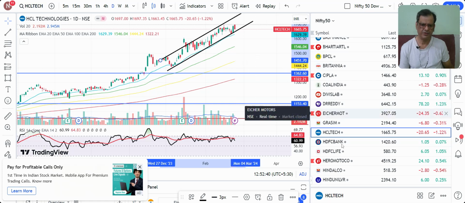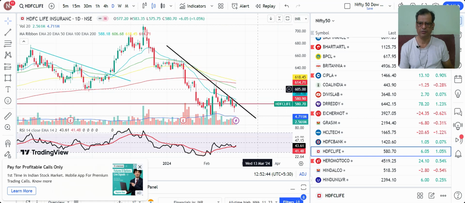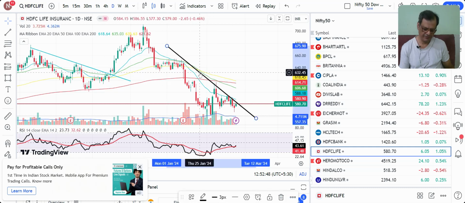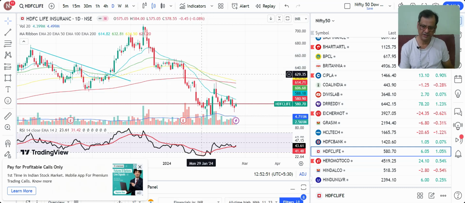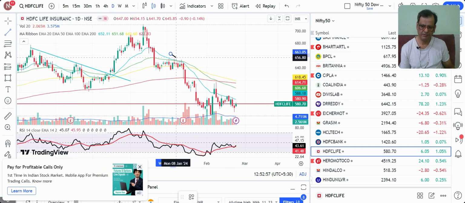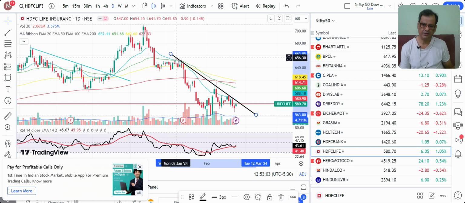Have I shown you something like bottoming prices? Yeah, okay. I'll show you one. For HDFC Life Insurance, you can even draw trend lines and trend line channels in a bearish trend. It's not necessary that they always have to be in a bullish trend. So if you see here, there is a trend line that is being drawn here, and when the prices are in a downtrend, you draw only the top line.